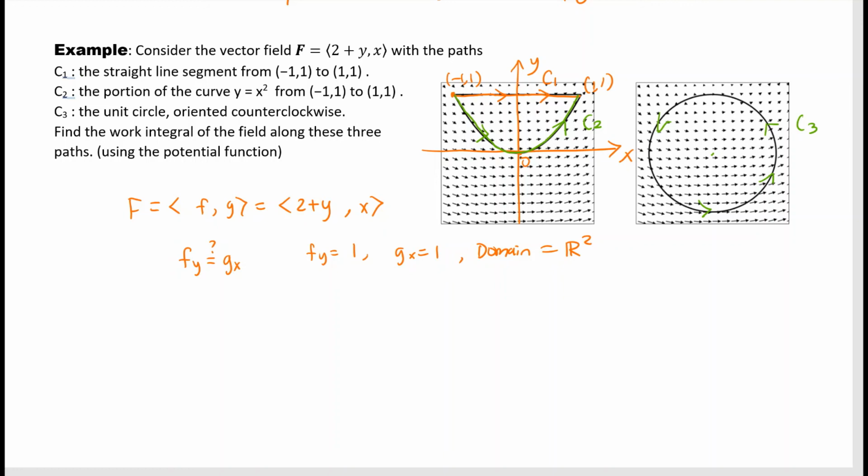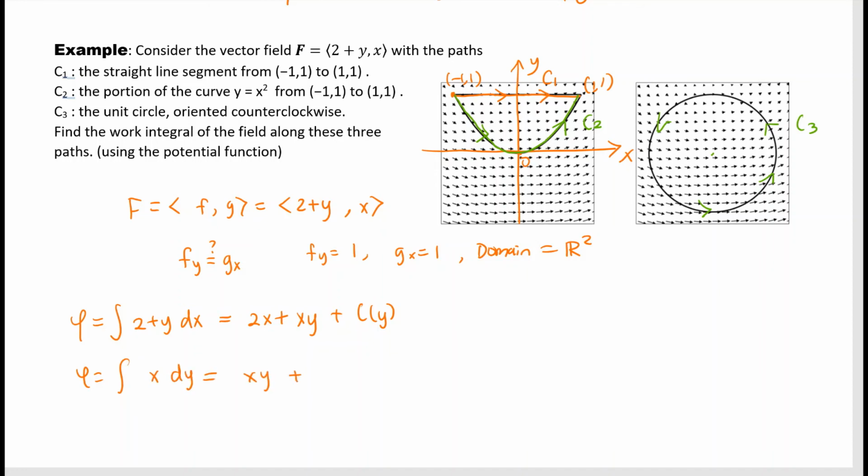Okay, and then by the test for conservative vector fields, we know this vector field is conservative, which means we can find a potential function. How do we find a potential function? Phi equals the integral of the first coordinate 2 plus y integrated with respect to x. So we have 2x plus xy plus a function of y. On the other side, for the second coordinate, we integrate with respect to y.